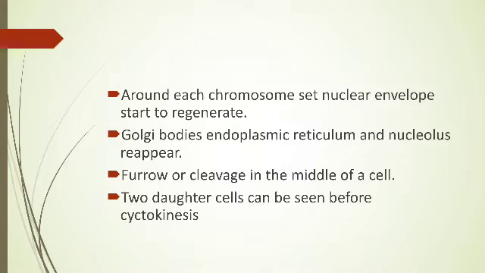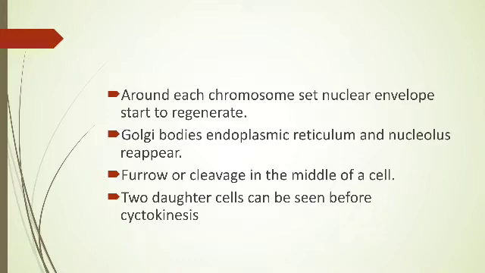Next point, you can see in the figure, in the middle of the cell the furrow or the cleavage can be seen, and this cleavage plays a very important role in the separation of both these daughter cells.